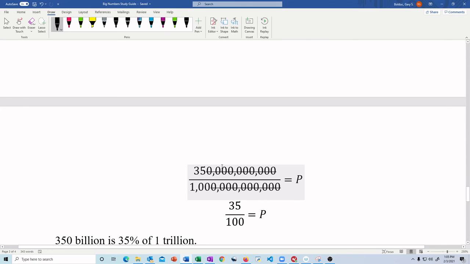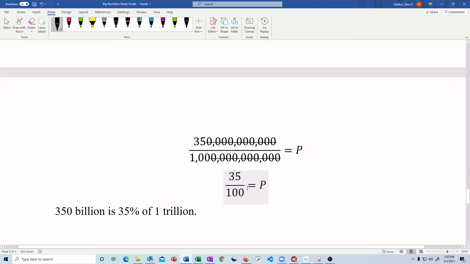There's 1, 2, 3, 4, 5, 6, 7, 8, 9, 10 zeros on top. So I canceled them on the bottom. And I'm left with 35 over 100. Which we know is 0.35 or 35%. Ta-da! 350 billion is 35% of 1 trillion.